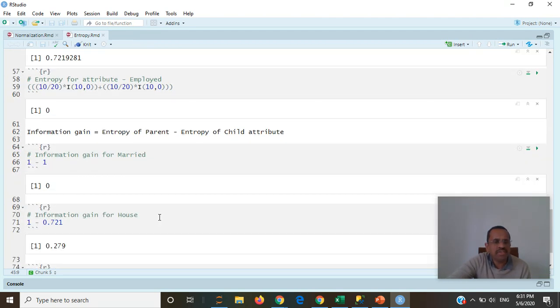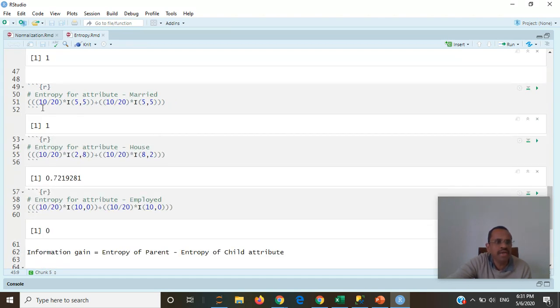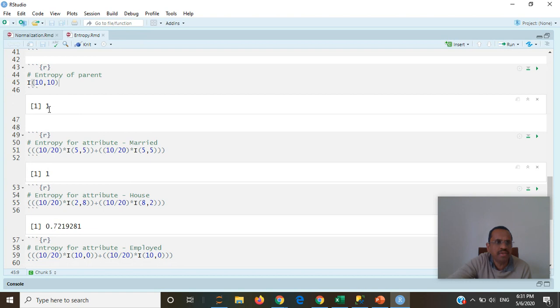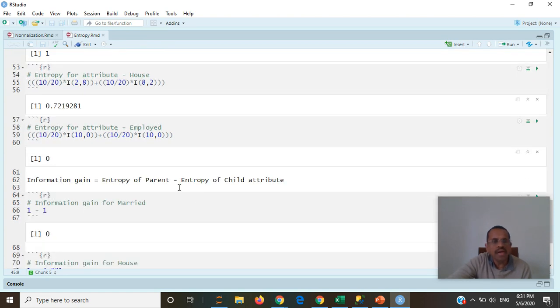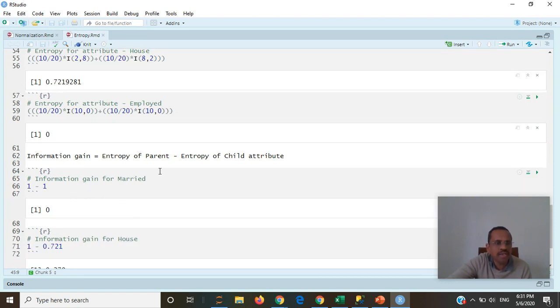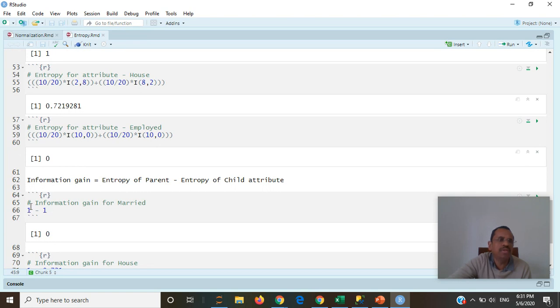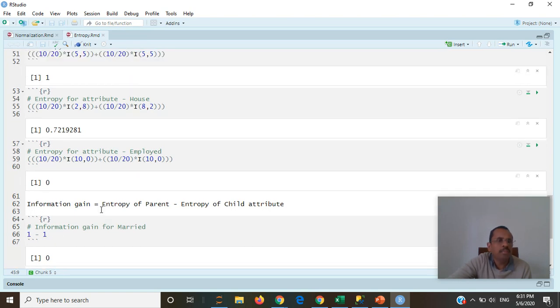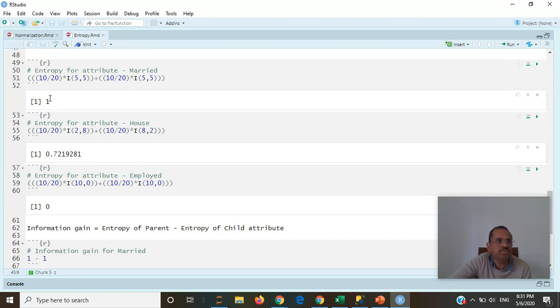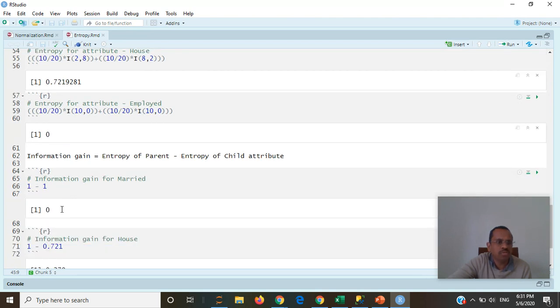And this is our last step, to calculate the information gain of any particular attribute. We take the entropy of the parent, what we calculated here, that is 1, and the entropy of the child attribute, we subtract it. So for marital status, 1 minus 1, that is 1 for the parent and 1 for the marital status attribute, so it is 0. 0 means there is no information gain.